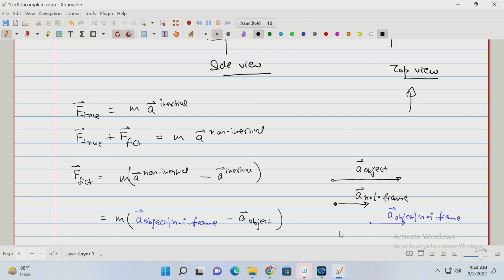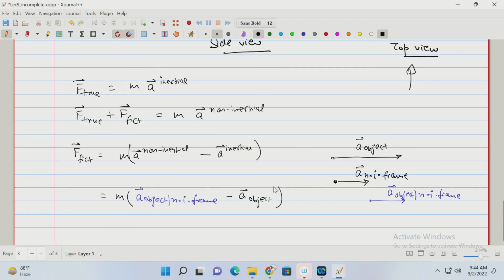Is there any question? There are too many subscripts and superscripts here. If I take the difference between the blue vector and the object vector, what I get is the negative of the non-inertial frame's acceleration.